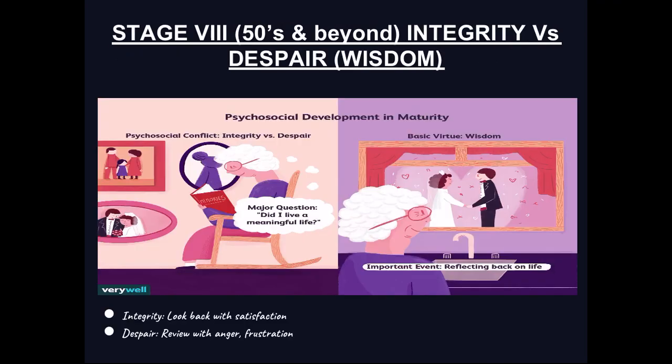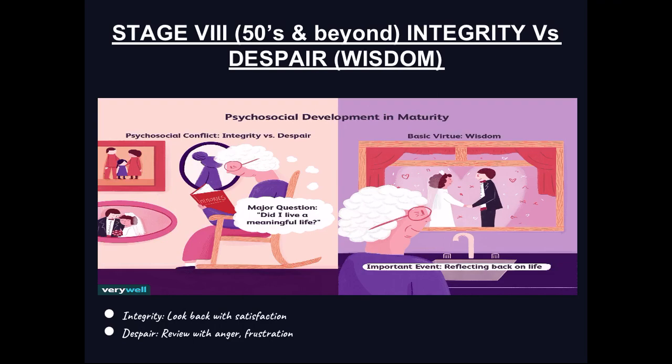Next is stage 8, which is 50s and beyond, and it is integrity versus despair, and the basic strength is virtue. Now this is the looking back stage, and the major question a person asks is whether he or she lived a meaningful life.